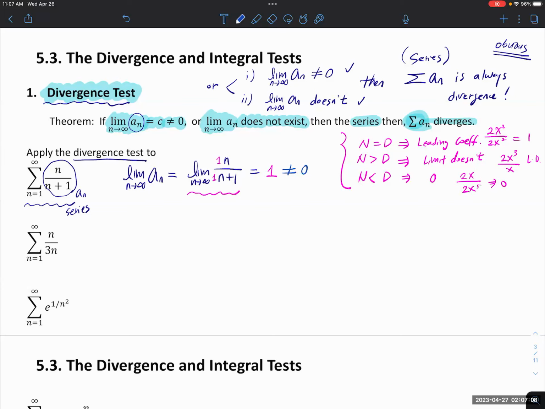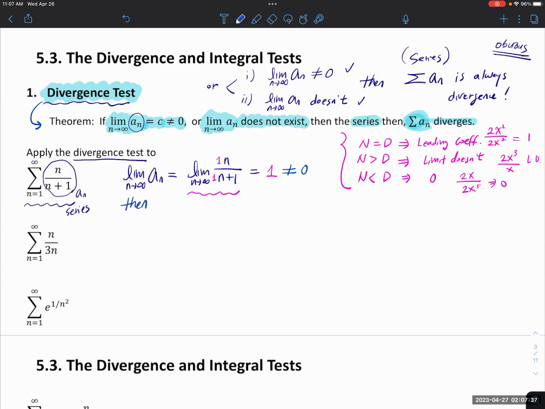If you keep adding the next terms, the sum is going to get larger and larger because you keep adding 1, 1, 1, 1, 1. So obviously the series is going to be divergent, but we are checking exactly this condition of whether this is a divergent series or not. Also you can check that the limit does not exist, but we already found this is not equal to 0.